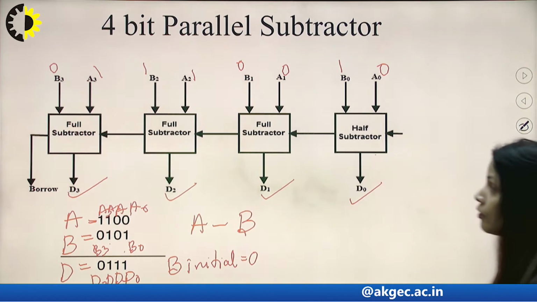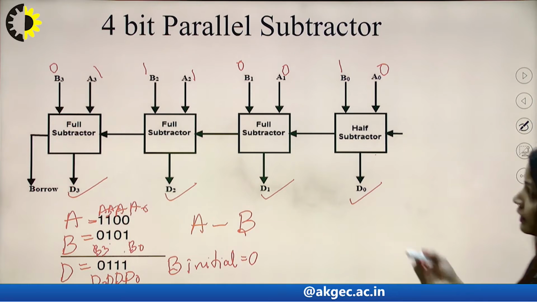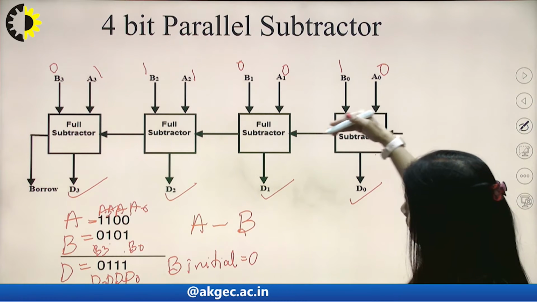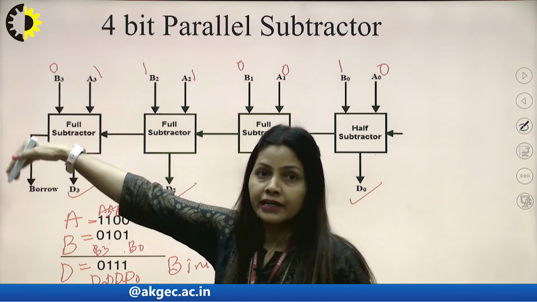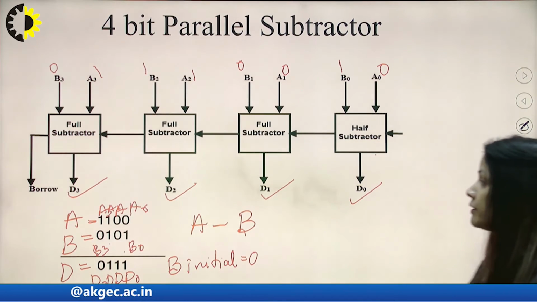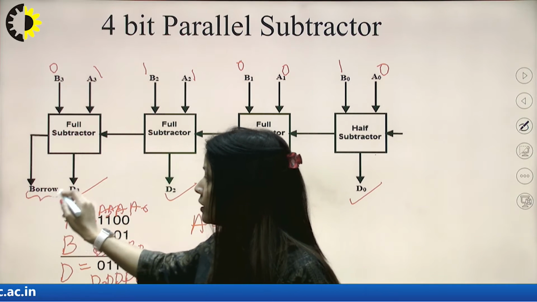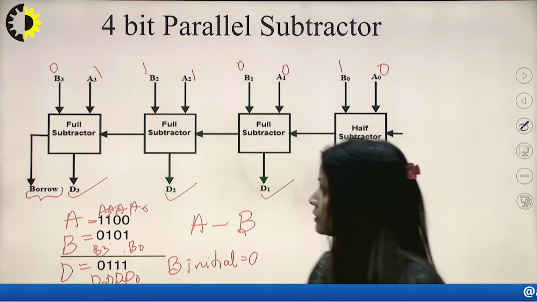So we can say that the inputs are parallel, but borrow-wise they are connected in a serial manner. The final borrow will be given from here, that means the borrow.